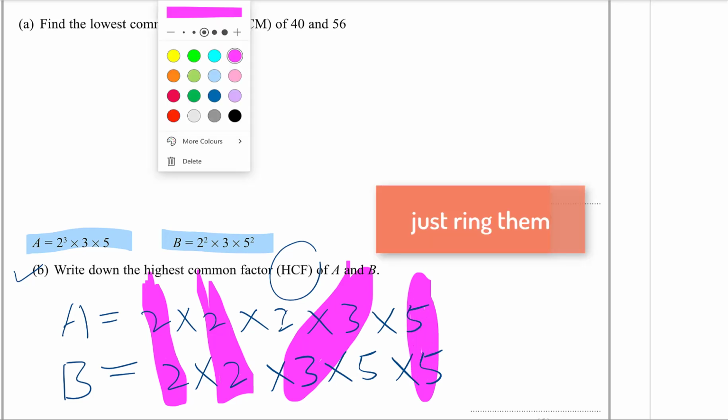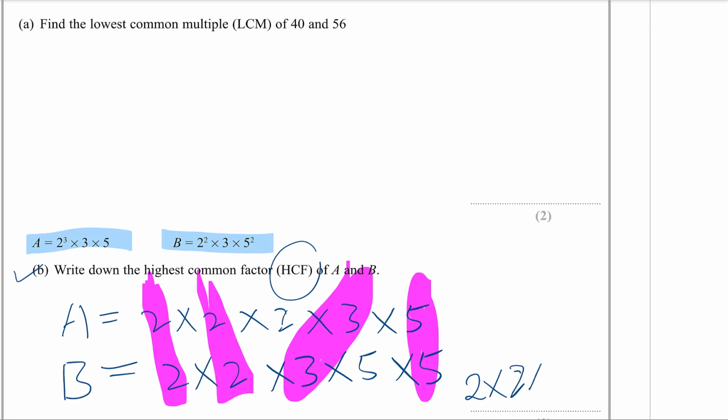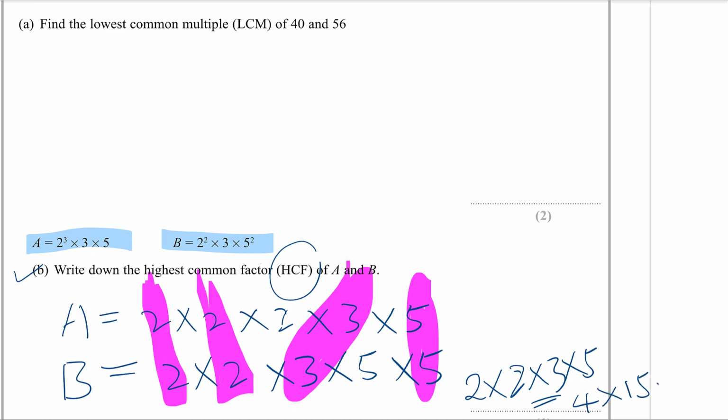So what we do now is we do 2 times 2 times 3 times 5, which is equals to 4 times 15 equals to 60. So 60 is the highest common factor of A and B.